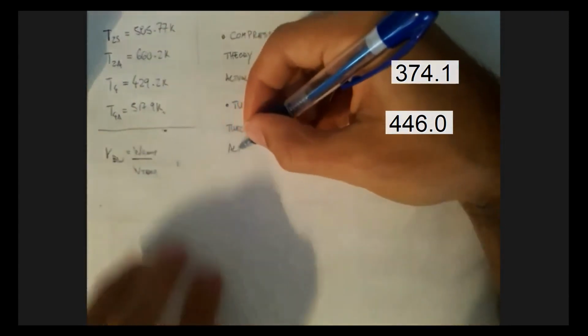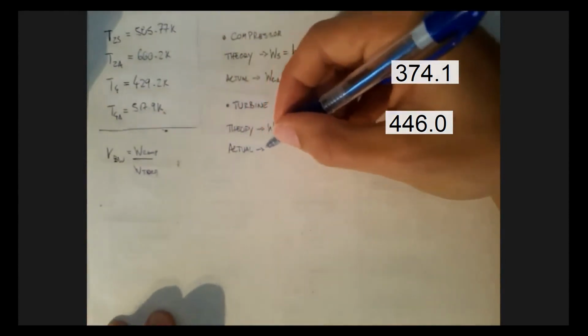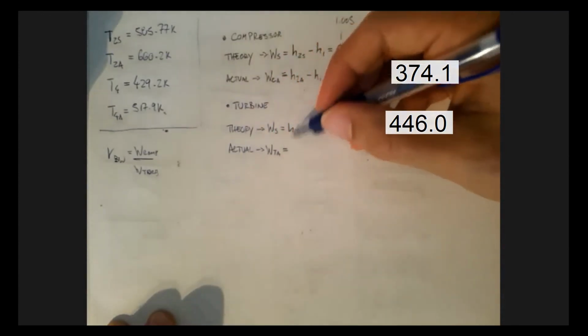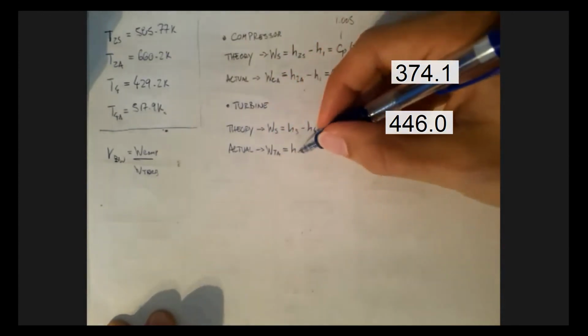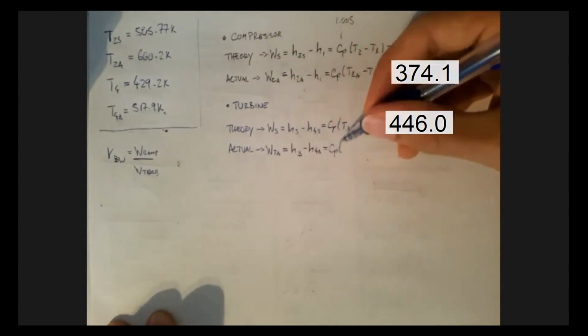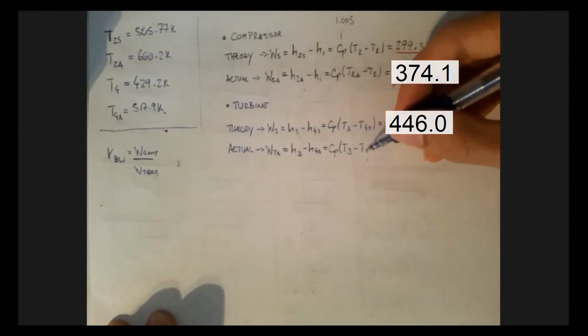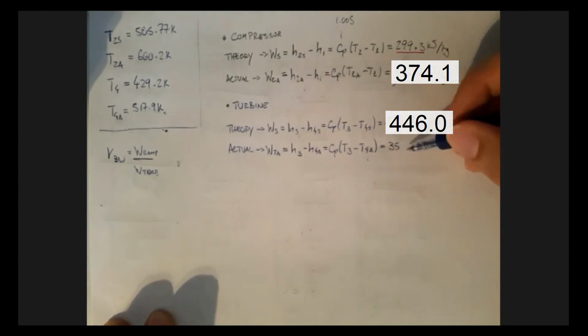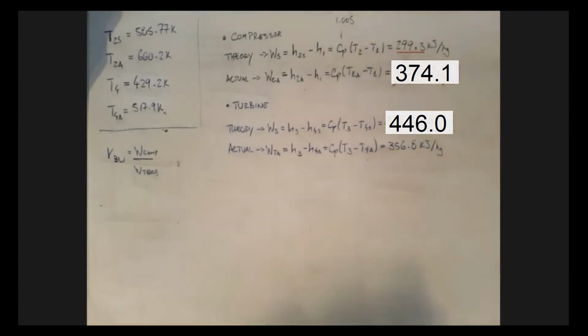And my actual turbine work equals H3 minus H4A, which is Cp times (T3 minus T4A), which will obviously be smaller, and it ends up being 356.8 kilojoules. Okay, now we have the work for both of them.